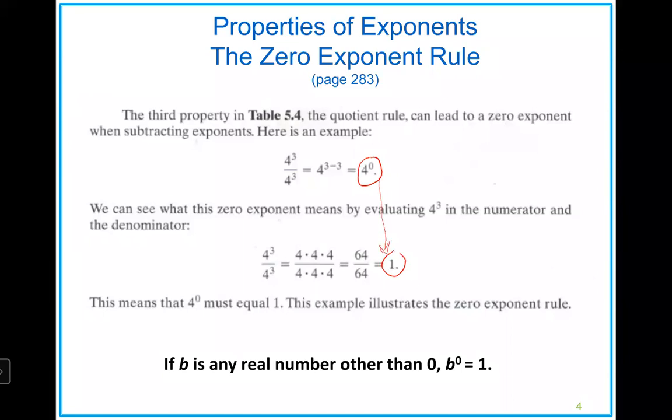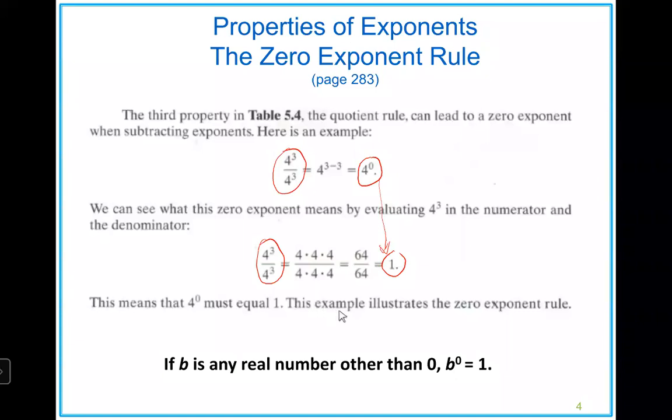In the first case, we were just simplifying it. In this case, we were actually evaluating it to work out the value of 4 to the 3rd, which is 64. 64 divided by 64 is 1. So what they are suggesting here is that 4 to the power of 0 must be equal to 1.